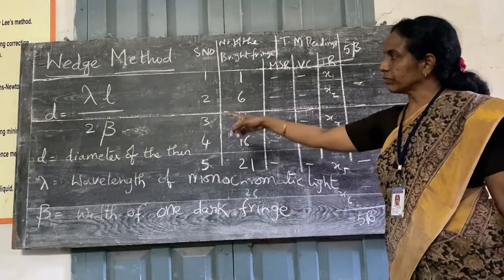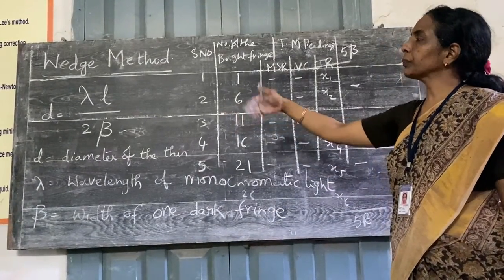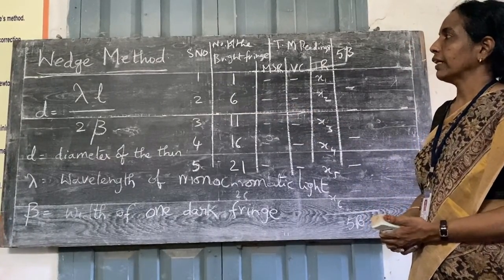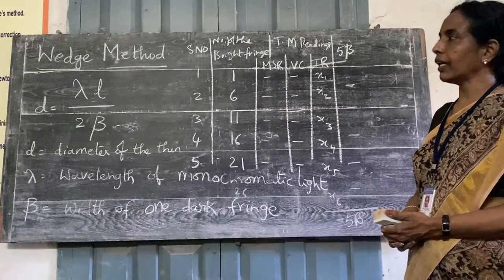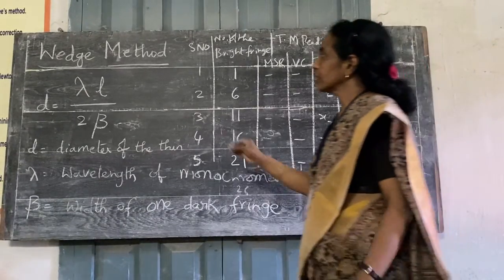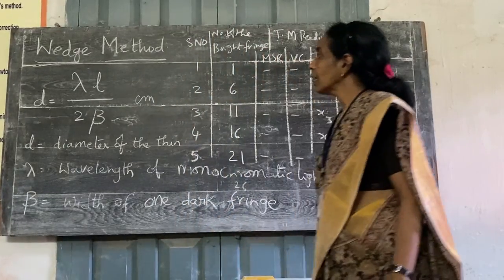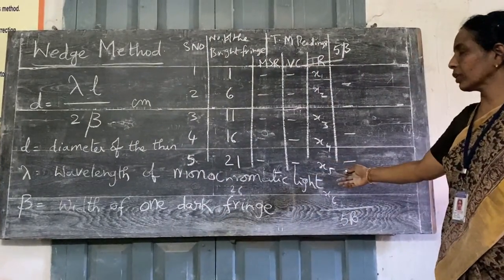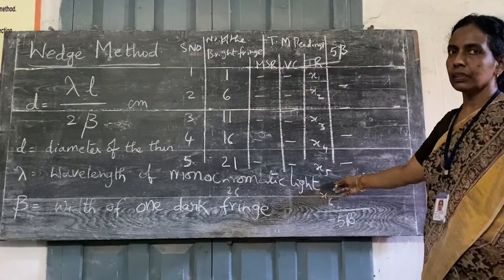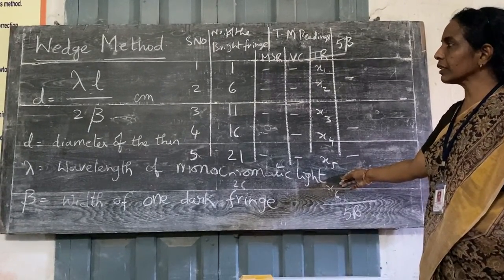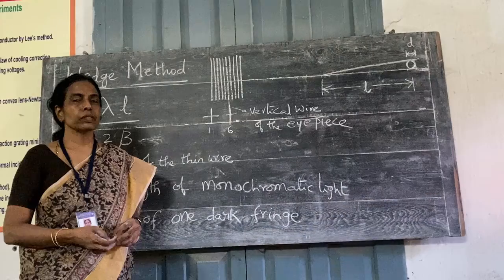So we will put it in the formula d equals lambda L by 2 beta, in units of centimeters, where lambda is the wavelength of the monochromatic light used to get the dark and bright fringes, the interference fringes.